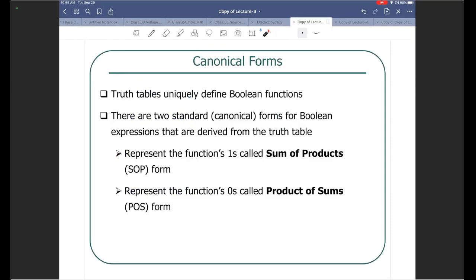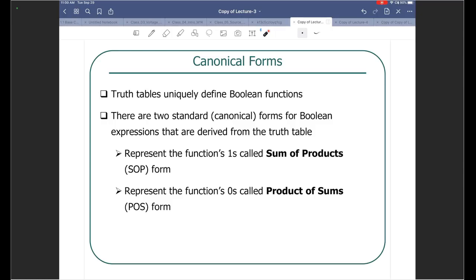Now, truth tables uniquely define Boolean functions. So when you are asked the question, what is its functionality, your first thought probably is, can I write out a truth table for this function? Because that uniquely defines the function.